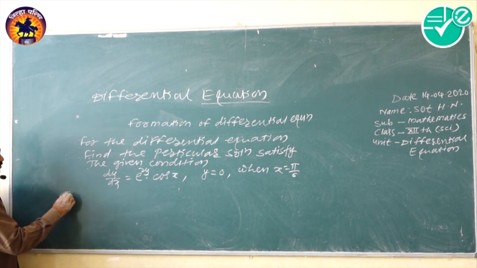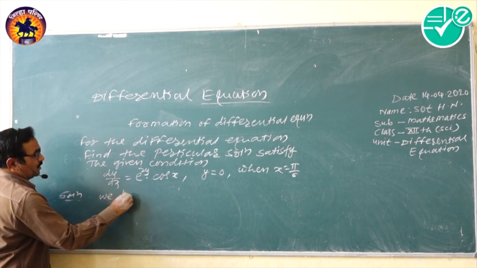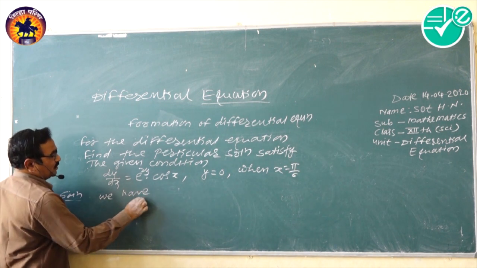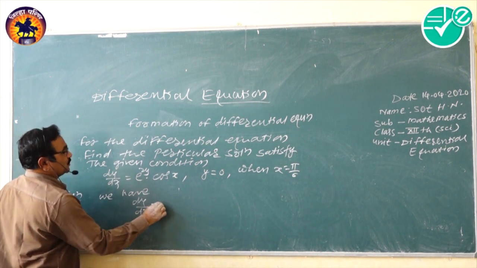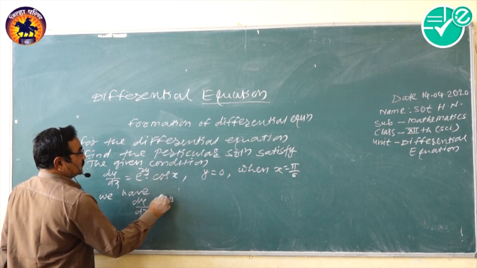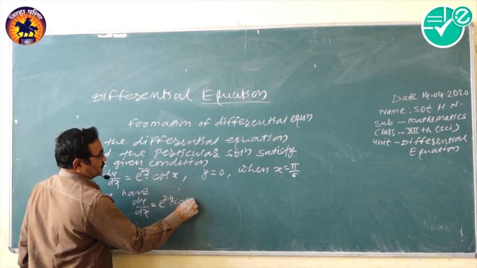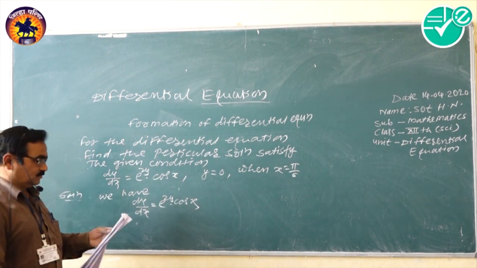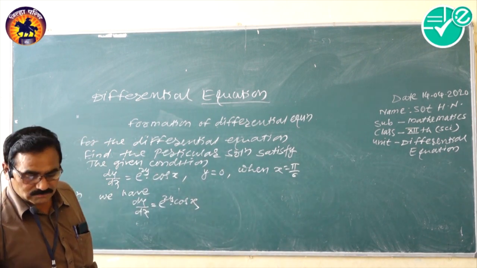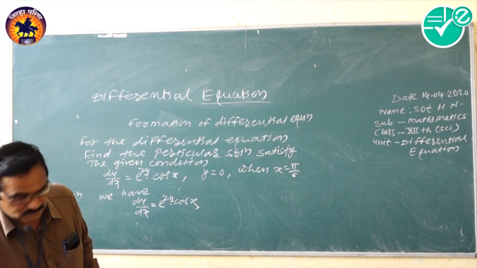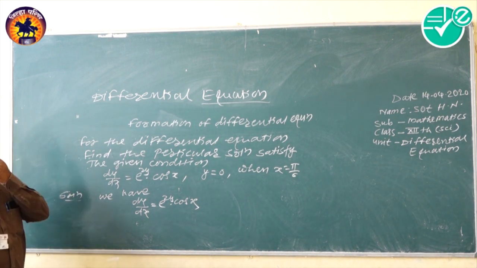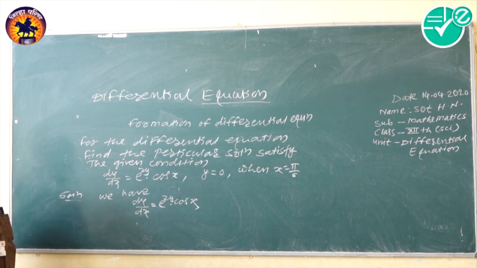Solution. We have dy by dx equal to e raised to 2y into cos x. This differential equation is called variable separable differential equation.